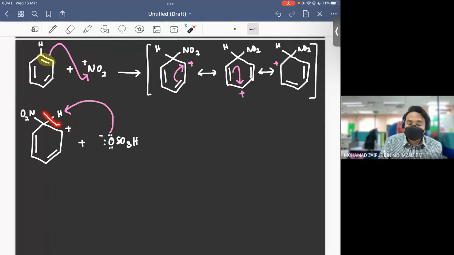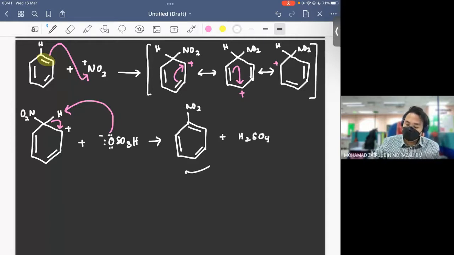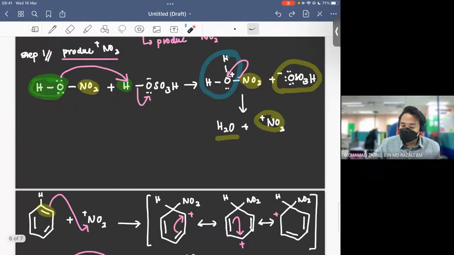So macam mana dia nak separate adalah dia donate 2 elektron dekat sini. Dia macam bayar pampasan. So, kita punya produk adalah, okay, ni dah jadi balik aromatic ring NO2 plus H2SO4. Awak tengok, main product dah ada. This is our main product. This is our catalyst yang regenerate balik. Ini kita punya byproduct.